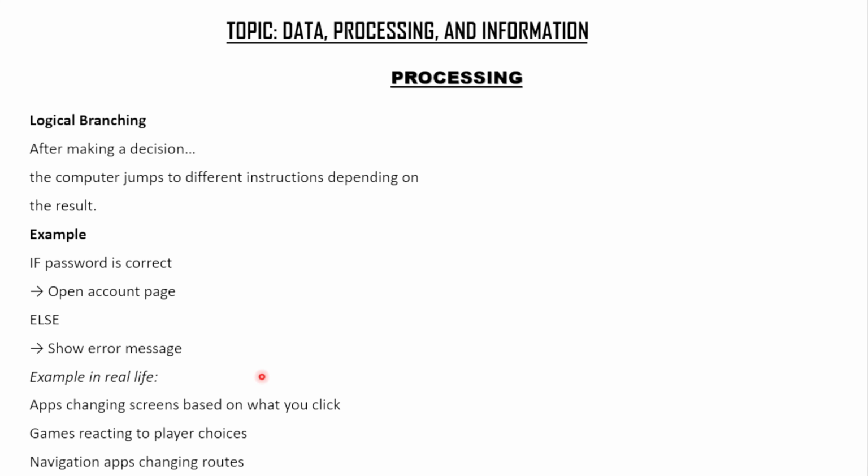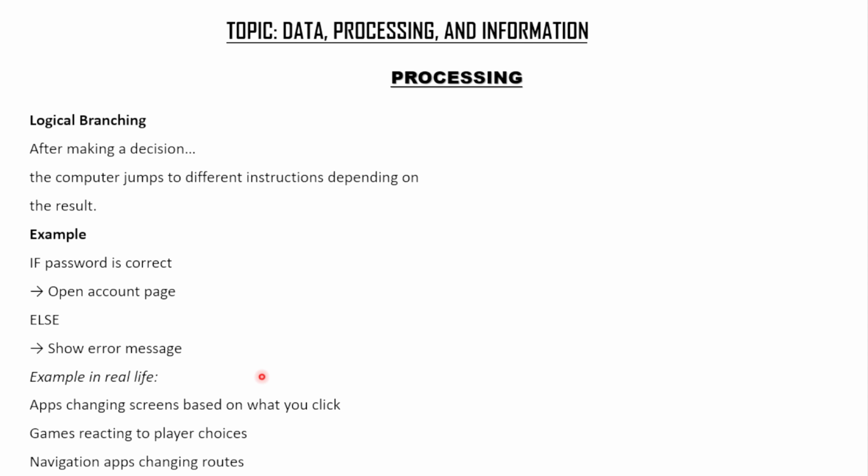Or let's say a game reacting to your choice. So in simple terms, processing is how computers transform raw data into useful instructions, useful actions, results, and information.